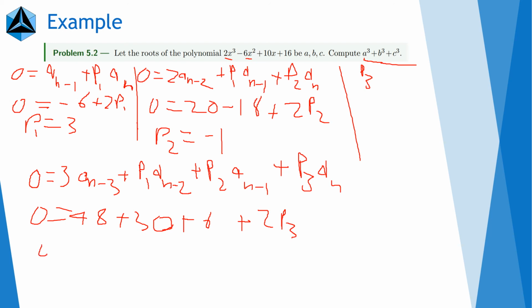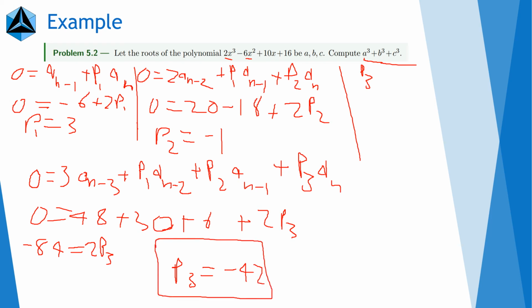So this means that negative 84 is equal to 2p3, which means that p3 is equal to negative 42, which is exactly what we saw when we did all the factoring stuff.